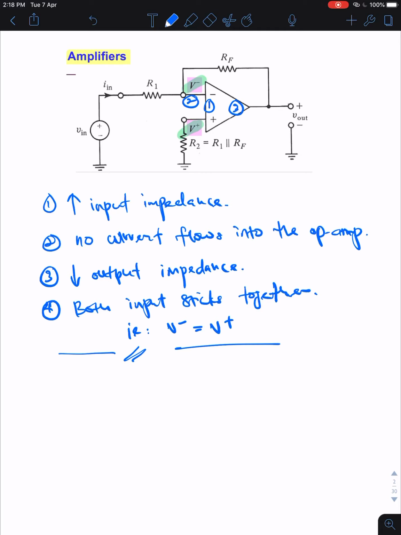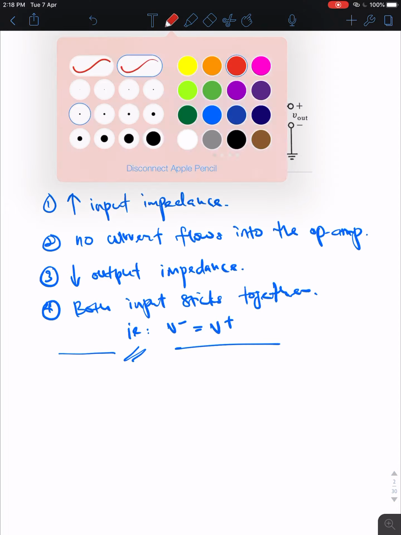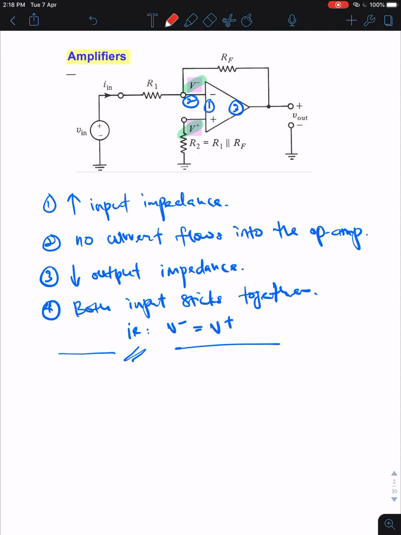Now let's see. For the inverting input V minus here, there is a voltage source V in. So we can say that the current flowing here is I in, and it passes through R1.